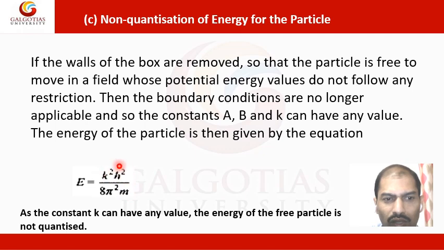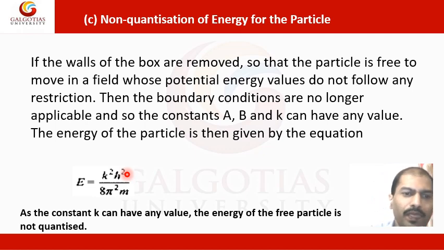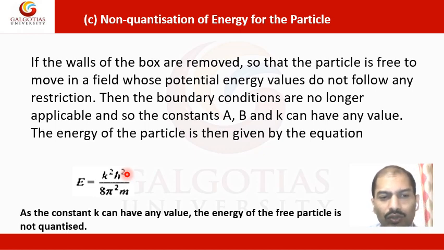All terms have their usual meanings: m is the mass of the particle and h is Planck's constant. So if you want to calculate the energy for the particle with non-quantization of energy, you have to follow this equation.